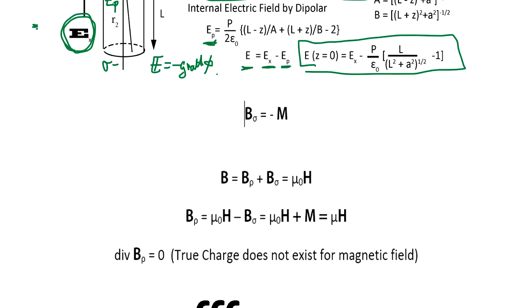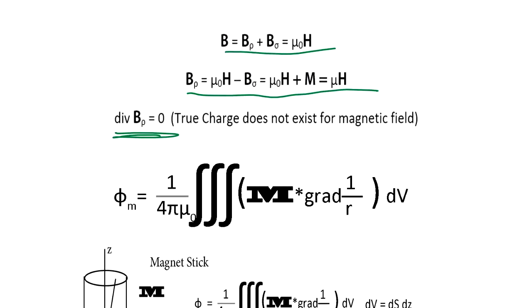Now the same method applies to magnetic material, and divergence B is 0. The reason is there's no monopole magnetic charge.